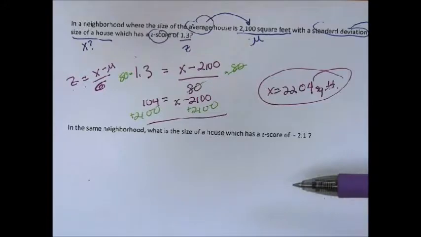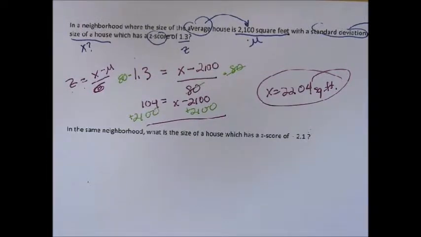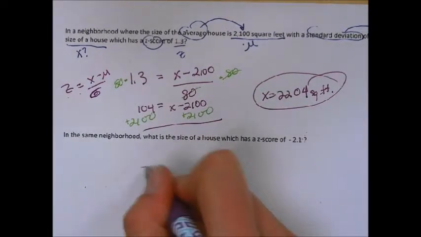All right, go ahead and try this next one where the z-score is negative 2.1. So this time our z-score is negative 2.1.